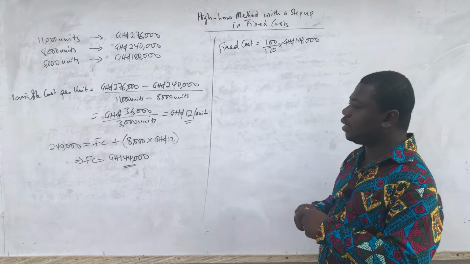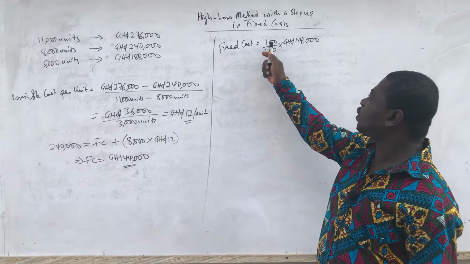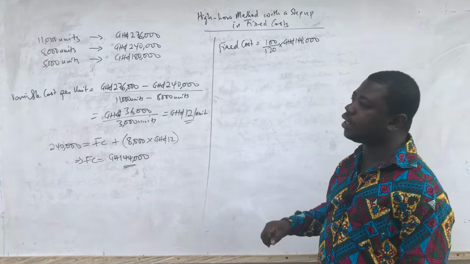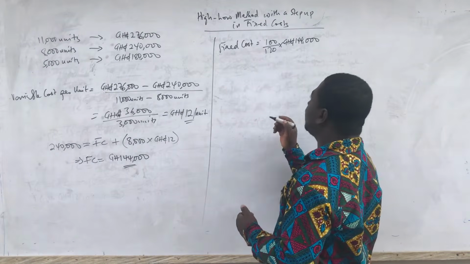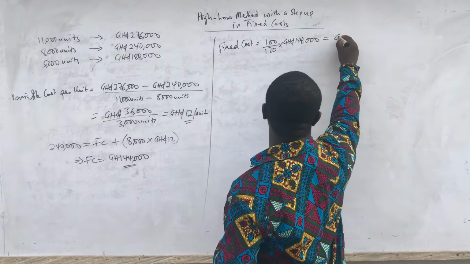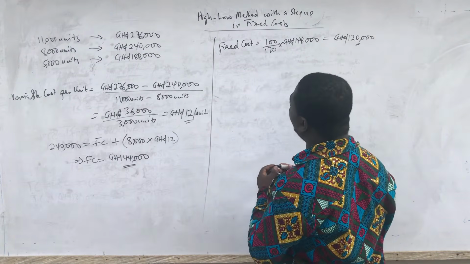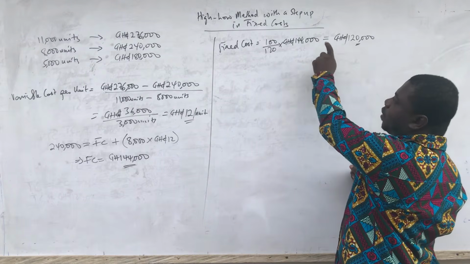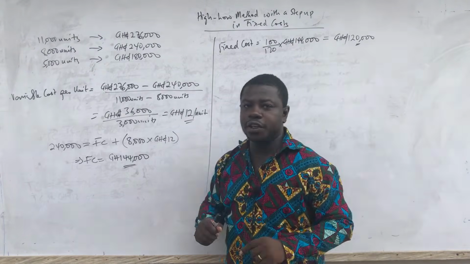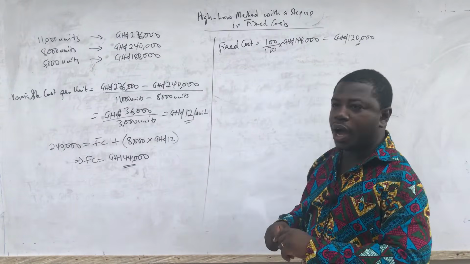We are finding the fixed cost here, and so we are finding it originally when it has not been inflated. So that will be 100 over 120 times 144,000, and that is going to give us a fixed cost of 120,000. And so therefore, this is the original fixed cost. When you inflate this by 20%, you have 144,000. And so, ladies and gentlemen, this is now the fixed cost for the lower activity level.